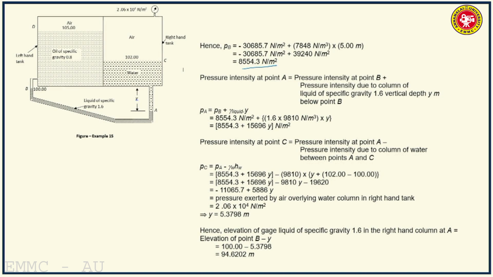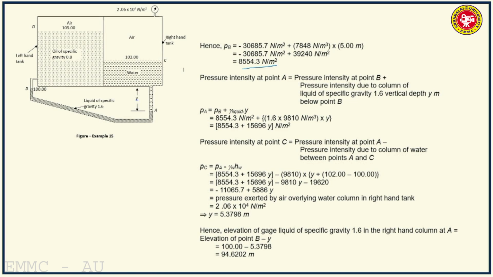Let this vertical depth from B to A be y. Then PA will be equal to PB plus gamma liquid, that is liquid of specific gravity 1.6, multiplied by y. That is the difference in level of liquid of specific gravity 1.6 between B and A. So y here is not known.